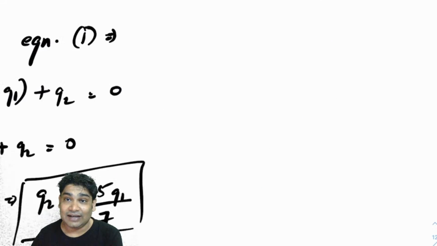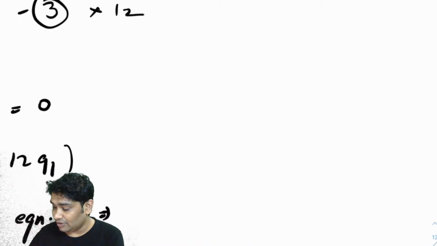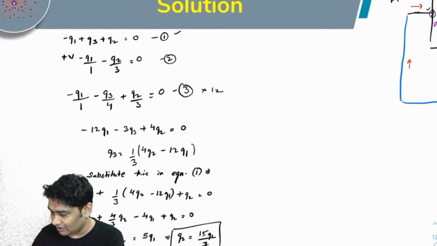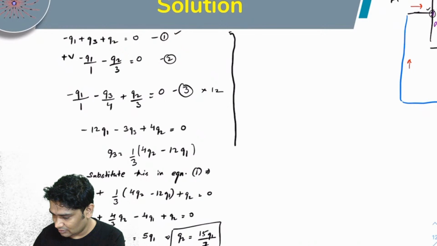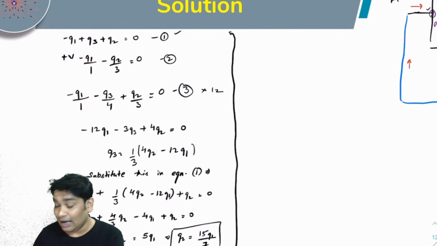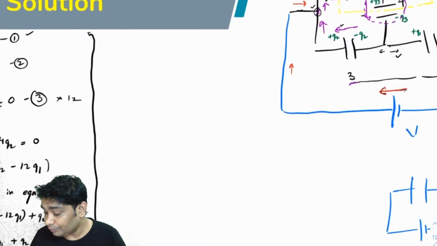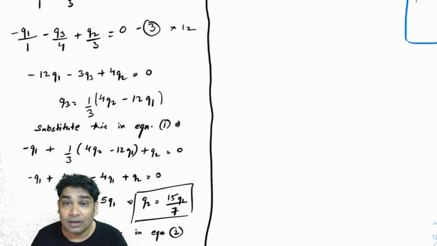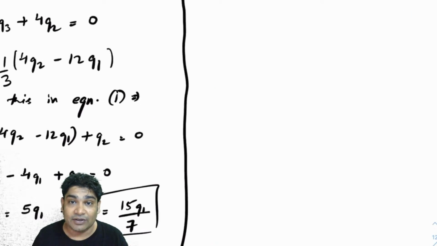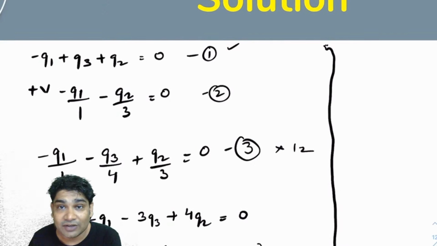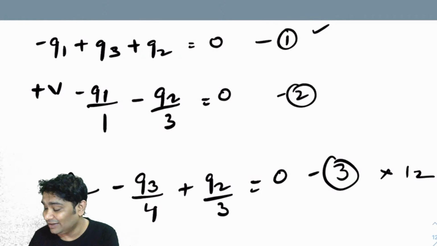Now let's see where that gets us. We have already filled this, so let's demarcate this, and I'm going to continue writing on the other side. So here I had q2 equals 15 by 7 q1. Let's substitute that here.